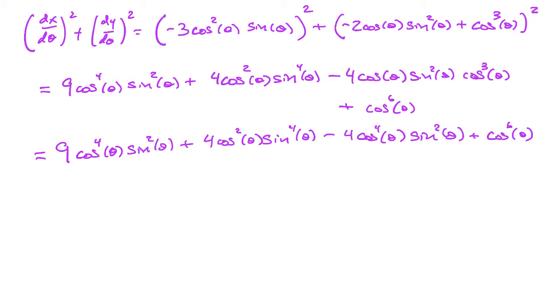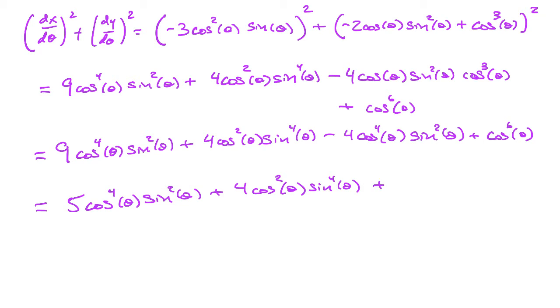Combining like terms, 9 cosine to the 4th sine squared minus 4 cosine to the 4th sine squared gives us 5 cosine to the 4th theta sine squared, plus a 4 cosine squared sine to the 4th, and then plus our cosine to the 6th.